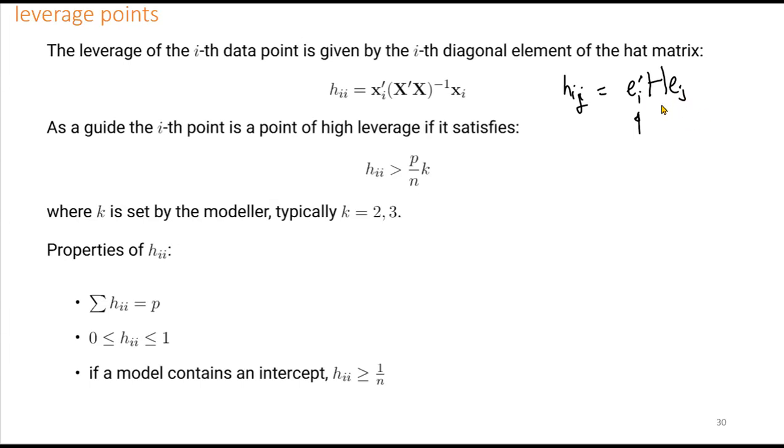Such a thing will pick out the ijth element of this matrix. So for the hat matrix here, I'm going to have i there and i there. When you apply it onto your hat matrix, that's how you get out this element. That is one way to see it.